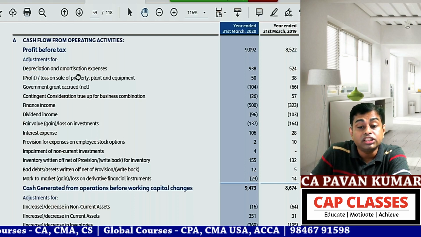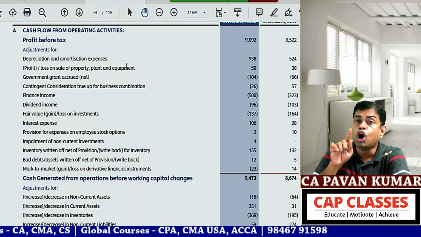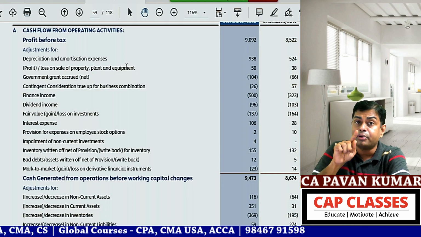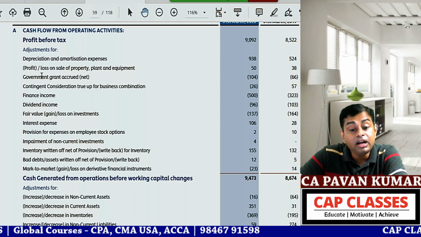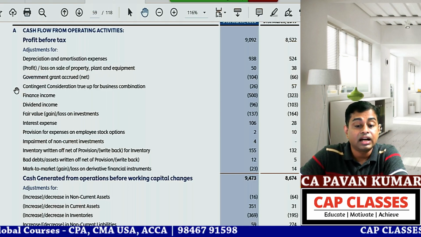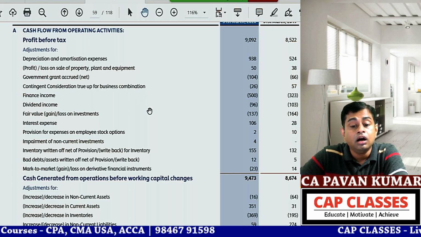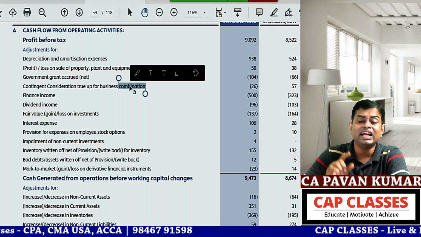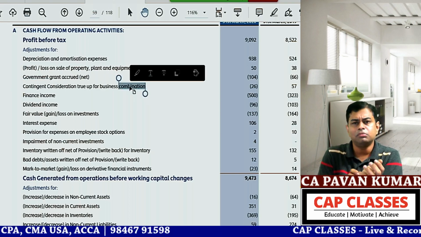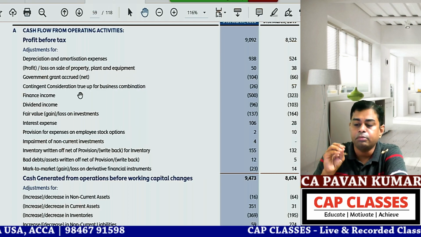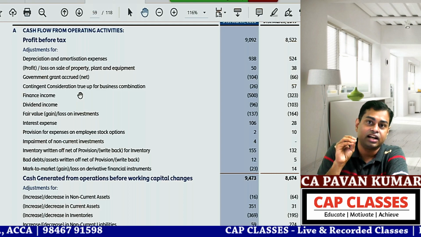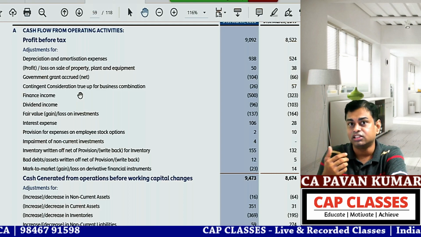Profit or loss on sale of property, plant and equipment, a non-operating item, add or less. Government grant, non-operating. Contingent consideration upon business combination is Ind AS 103, which is not in your syllabus. Leave it. You are playing gully cricket, this is international cricket. Stunts are performed by professionals. Do not imitate at home.